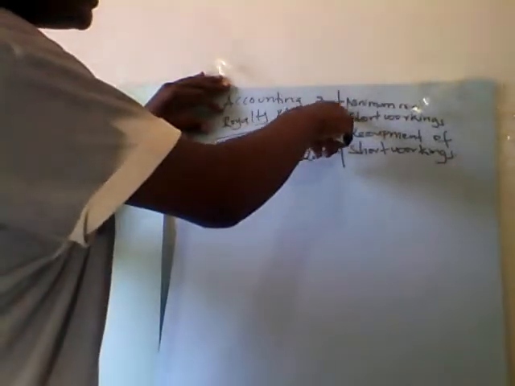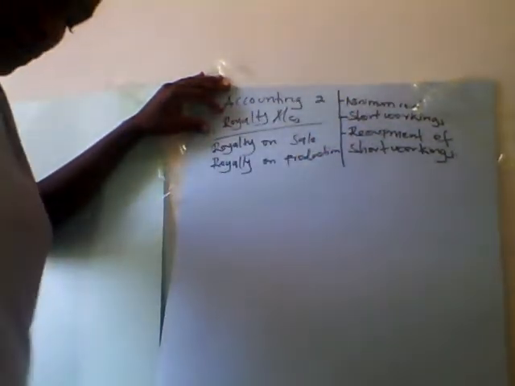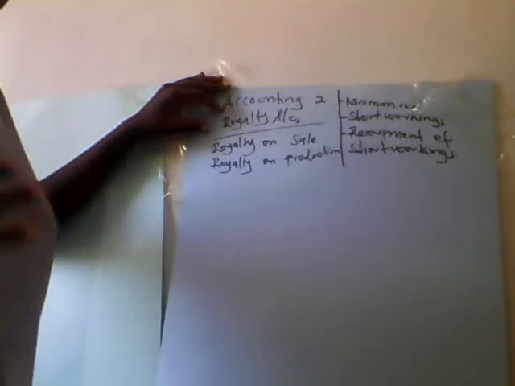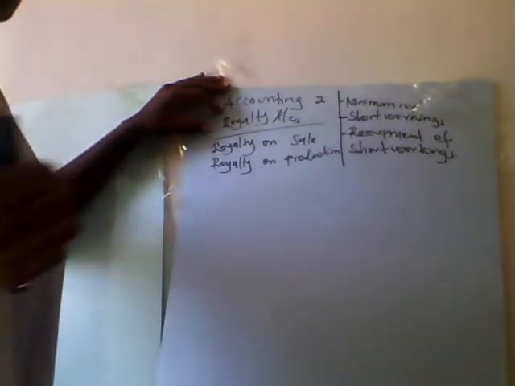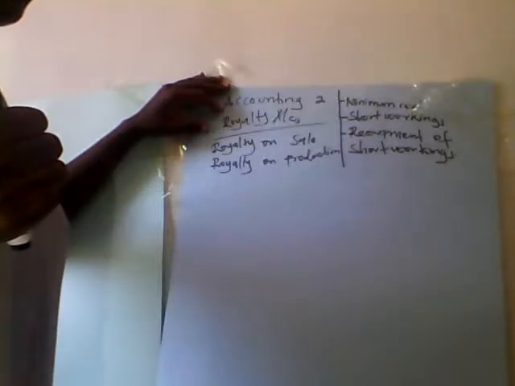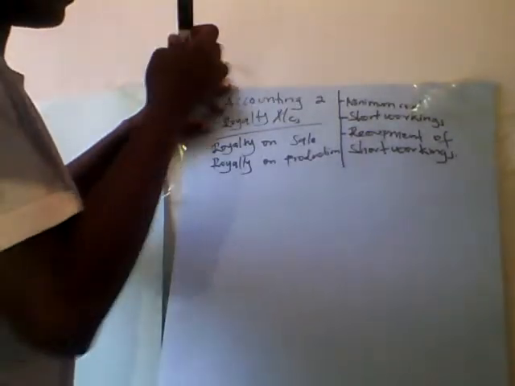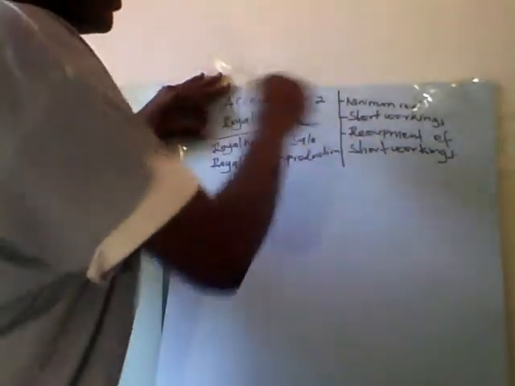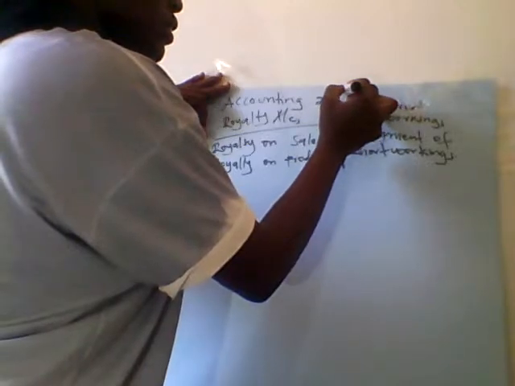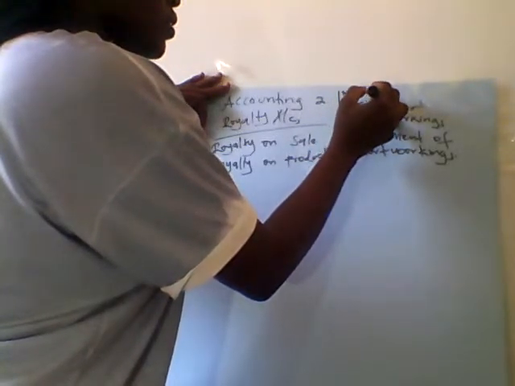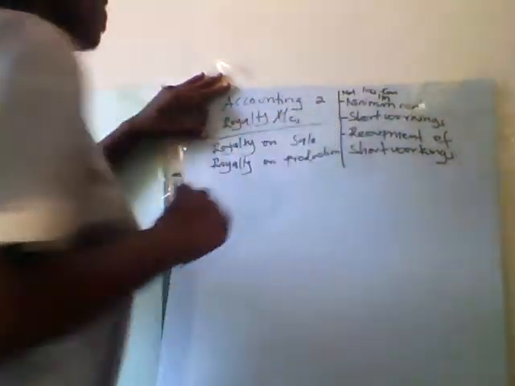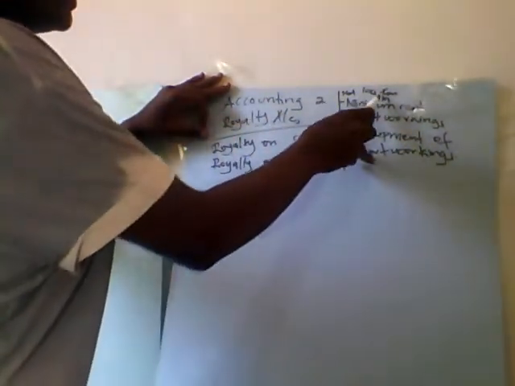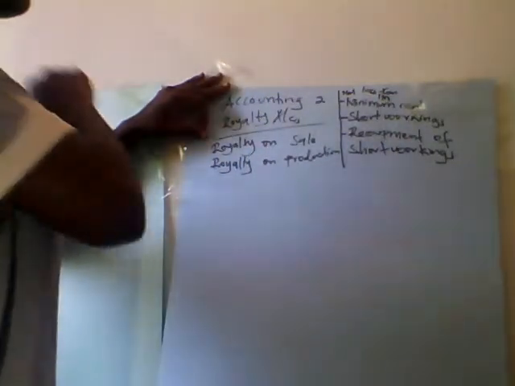So for minimum rent, if someone gives you their music to sell, they tell you that every year you are supposed to pay me an amount that is not less than 1M. So 1M is the minimum rent.